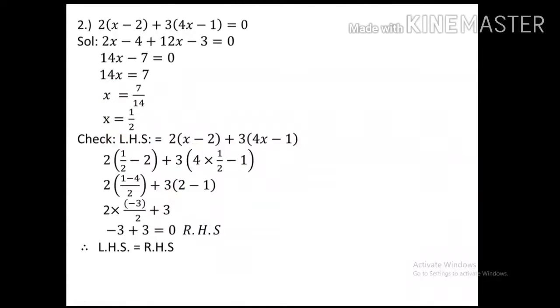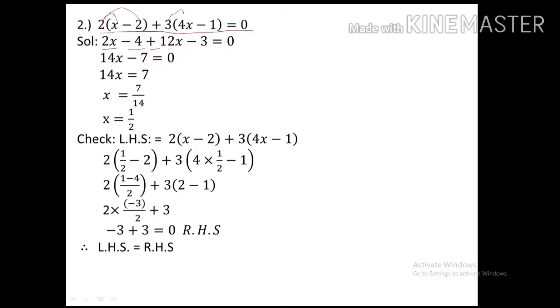So our solution is correct. Now come to the next one, question number 2. The question says 2 in bracket x minus 2 plus 3 in bracket 4x minus 1 equals 0. First of all we have to open the bracket. This 2 multiplied by x gives 2x. Then 2 multiplied by minus 2 gives minus 4. Then plus sign.